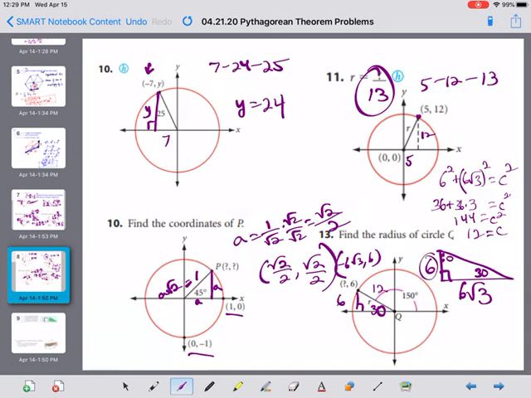Or, I don't know why I didn't just double the short leg. So either way, you could always use the Pythagorean theorem or just use the shortcut, which was a radical 3, so 2a. That makes sense, right? All right, so the radius is 12.